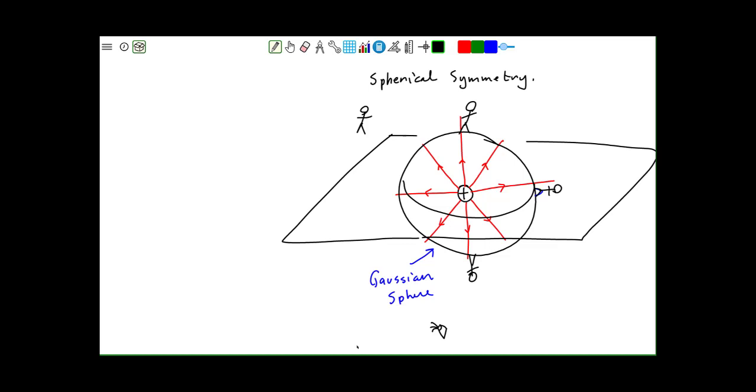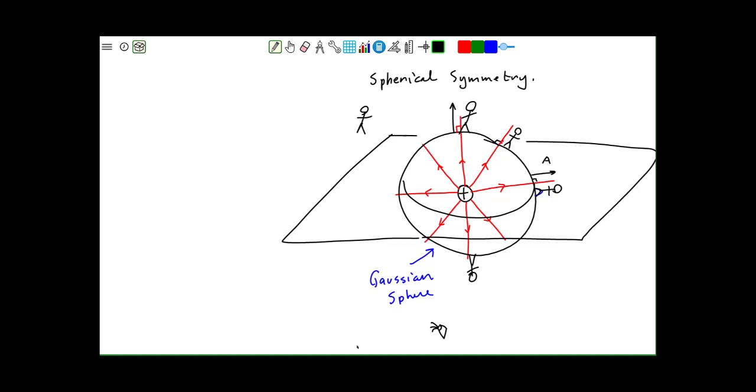At this point on the right, the electric field is perpendicular to the surface of the sphere and has a certain magnitude. At this point on the diagonal, the electric field is still perpendicular to the sphere and it has the same magnitude. At the point on top, the electric field is still perpendicular to the surface of the sphere, and it's the same magnitude.